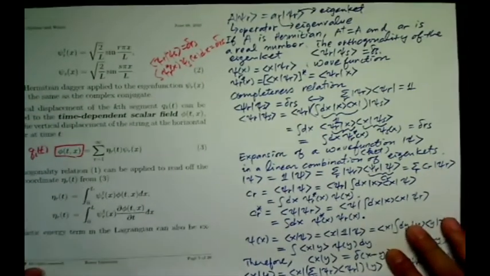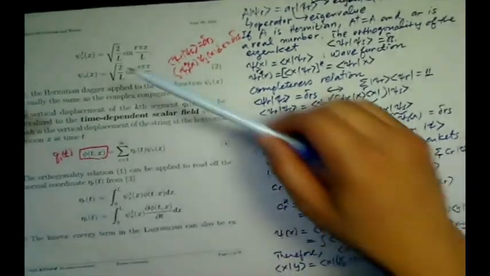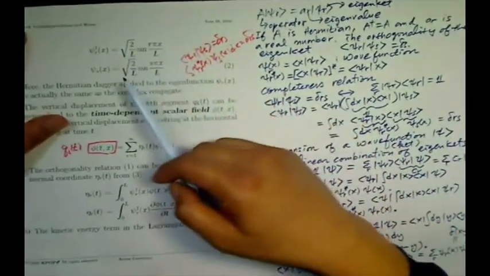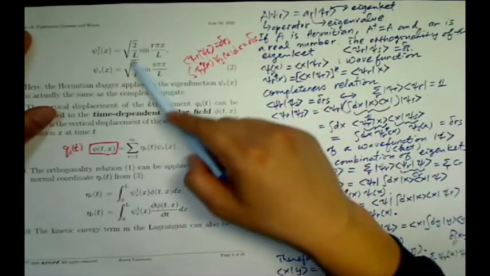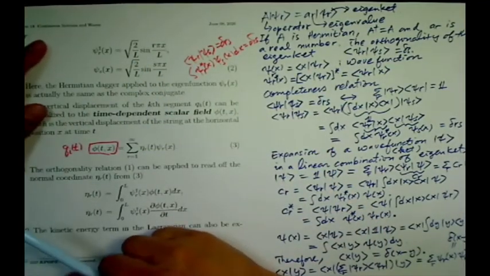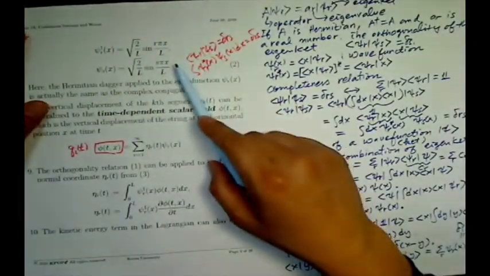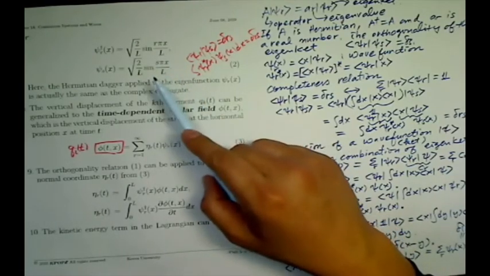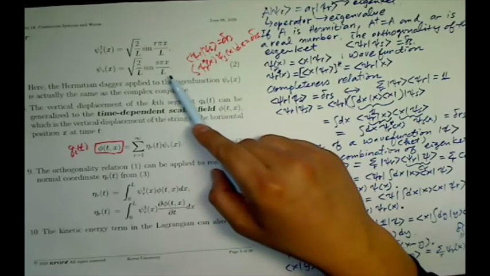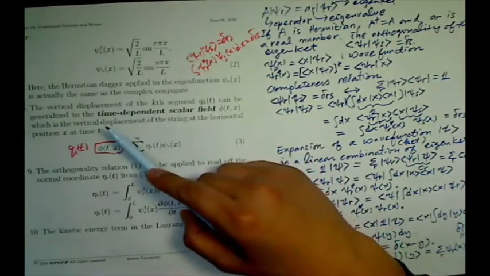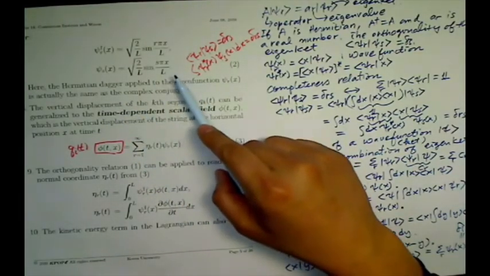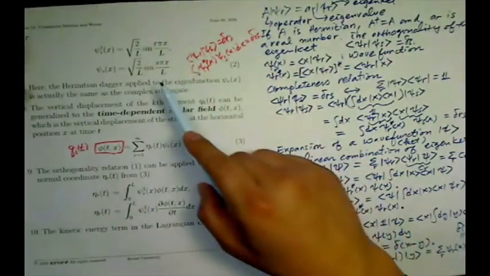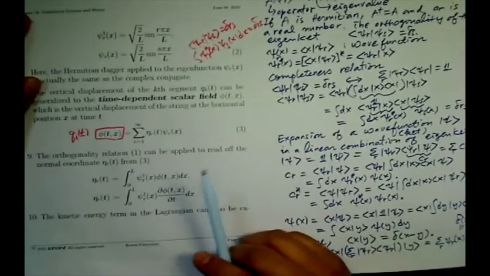All right. So the eigenfunctions have unit normalization if I have a square root of 2 over L, and that is exactly the same for the vibrating string and in the quantum mechanics problem, the infinite potential problem, as far as the eigenfunction is concerned.